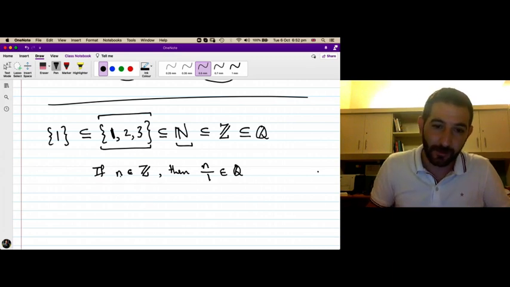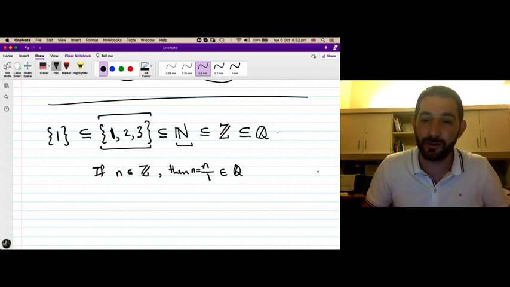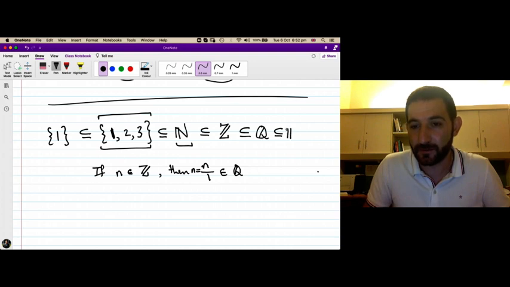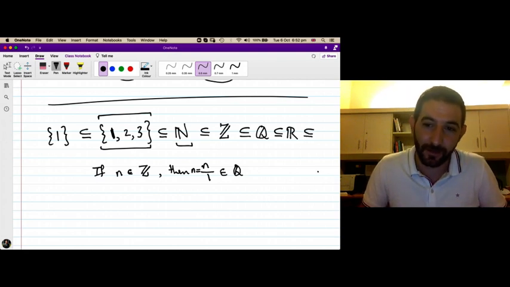So if n is an integer, then n over 1 is also n, then n is also a rational number. Now every rational number is a real number. So the set of rational numbers is a subset of the real numbers, and every real number is a complex number. So the set of real numbers is a subset of the complex numbers.